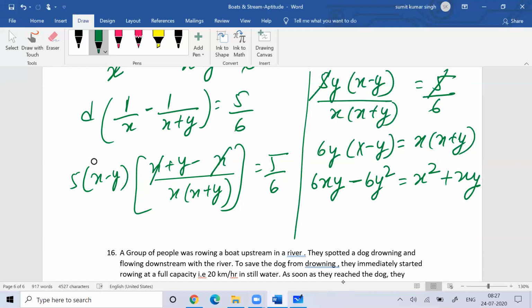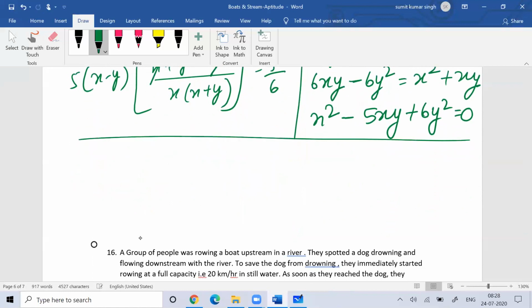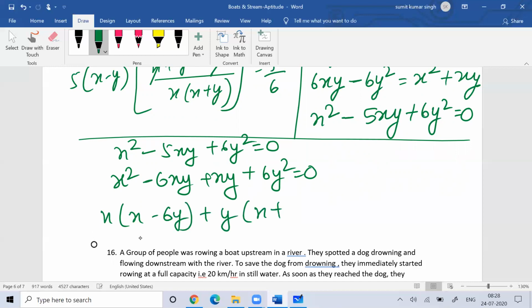So x square minus 5xy plus 6y square is equal to 0. Now I got this equation. I can write x square minus 6xy plus xy plus 6y square is equal to 0, so x minus 6y plus y into x.